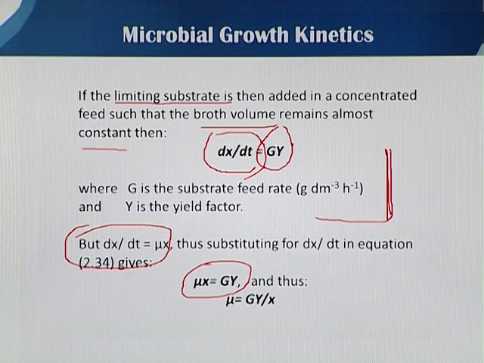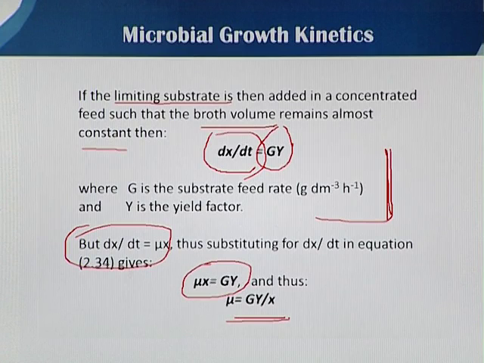If we want to calculate the specific growth rate during the fed batch in a fixed volume, this equation gives the solution. We can calculate it if we know the feeding rate and the yield factor, divided by the biomass.